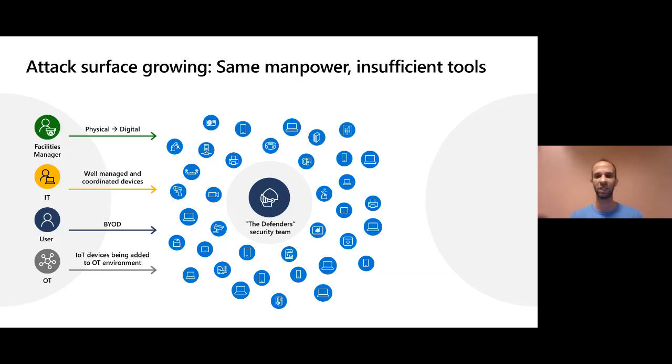As part of the digital transformation that each organization is now doing in order to make the work of the organization more efficient. But we're also seeing additional trends like bring your own device and more IoT devices that are being added. And eventually that leads to more and more devices.